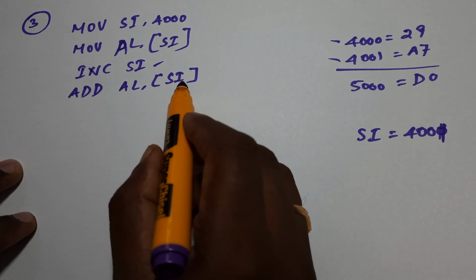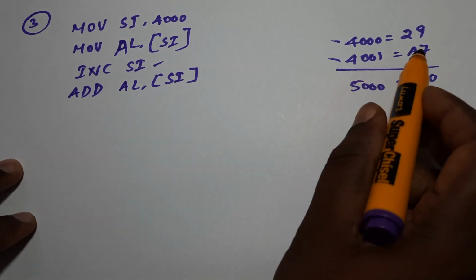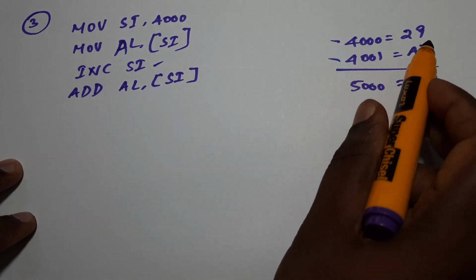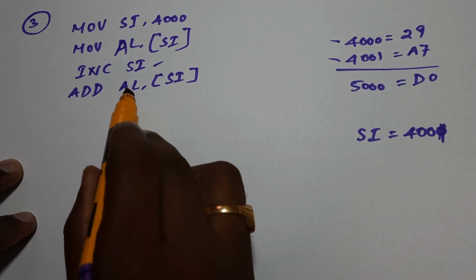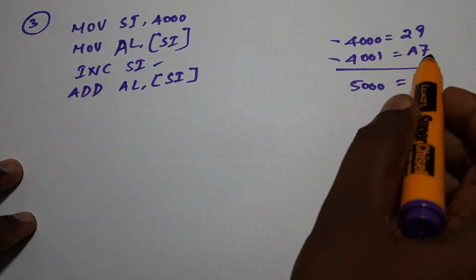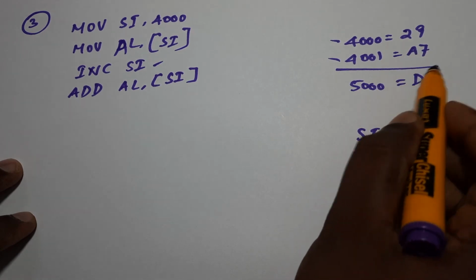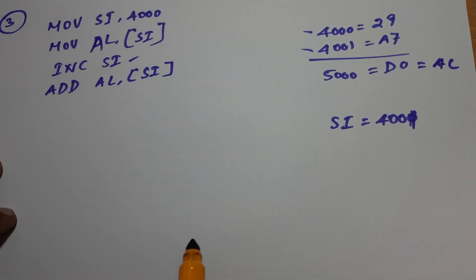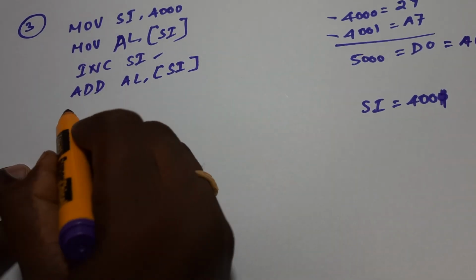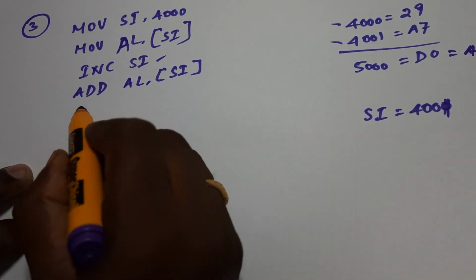So the value stored in 4001 is A7. That A7 is added to the value there in AL. In AL we have 29 only. So 29 plus A7 is added, and the result D0 is now stored in AL. Understood? Next we need to store the result.